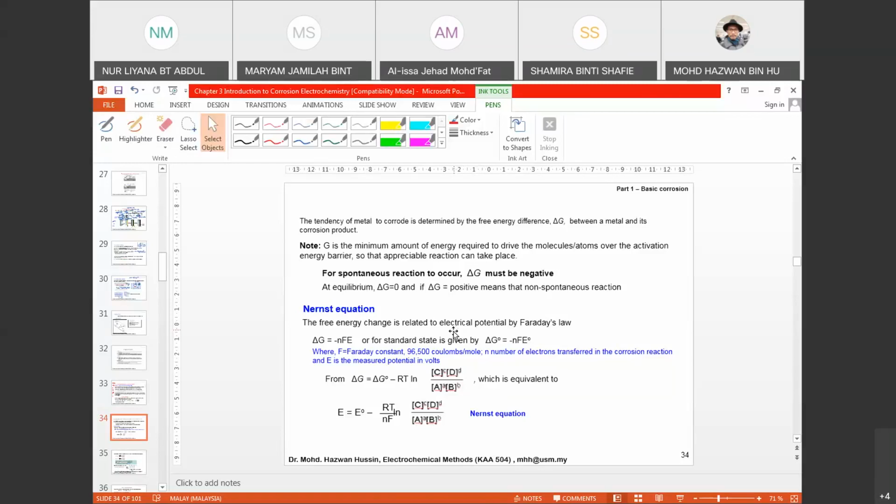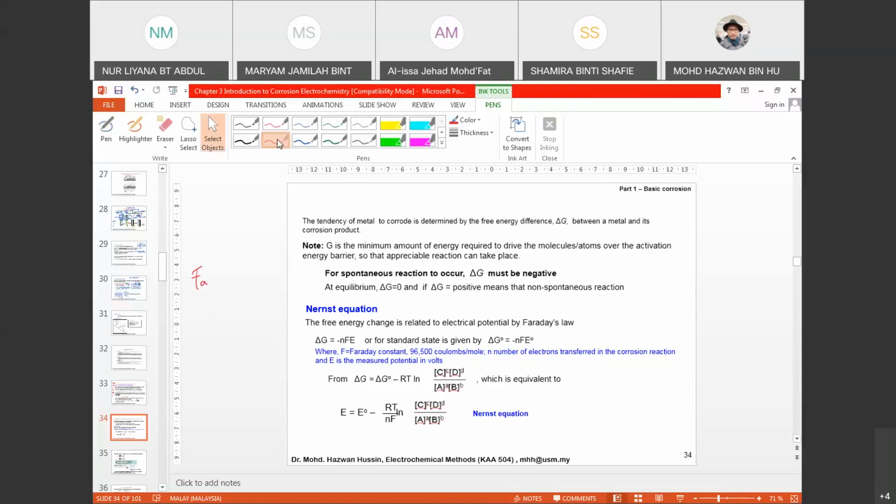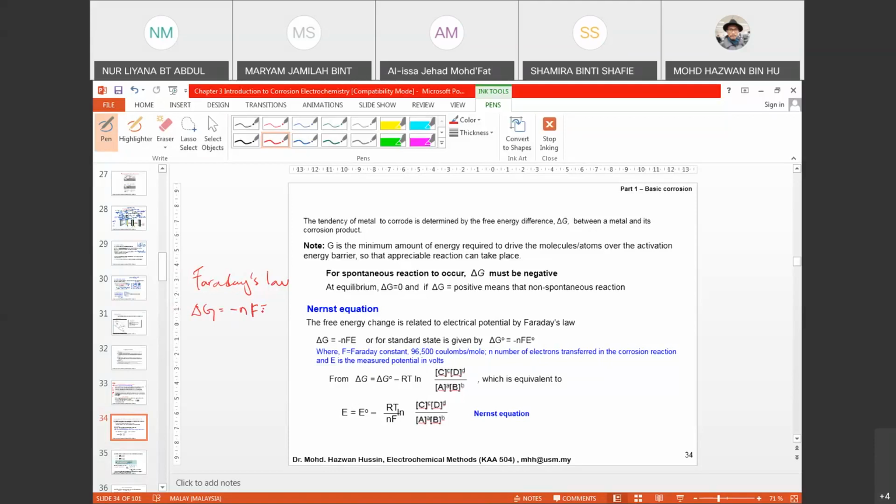Nernst equation, as you know, is the measurement of potential in a non-standard condition. The free energy can be related with Nernst equation using Faraday's law. In Faraday's law, the relation between free energy and potential is delta G equals negative nFE, where E is the cell potential.